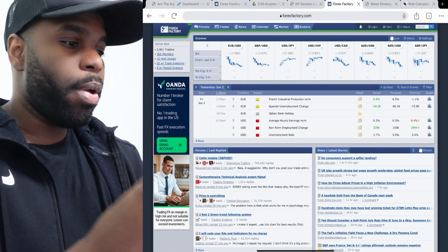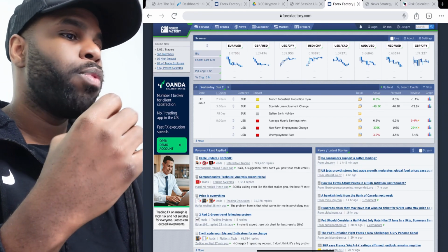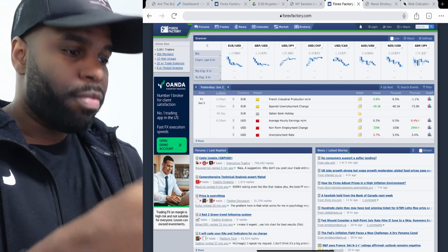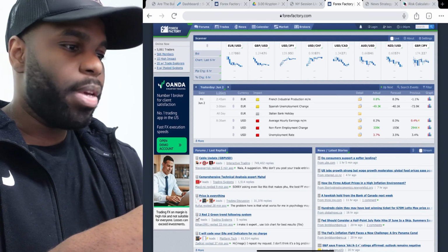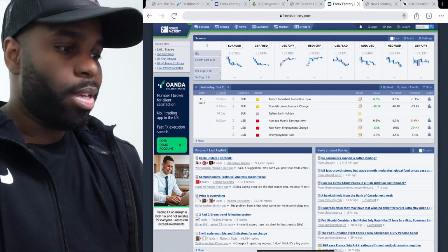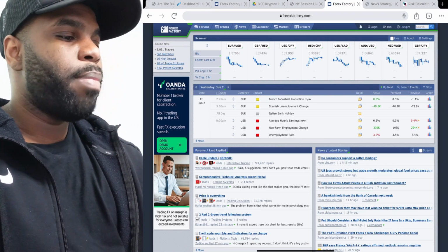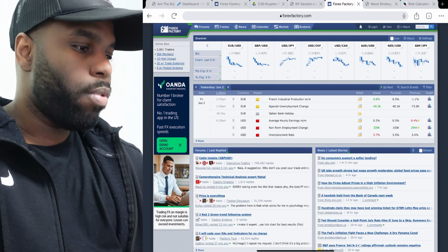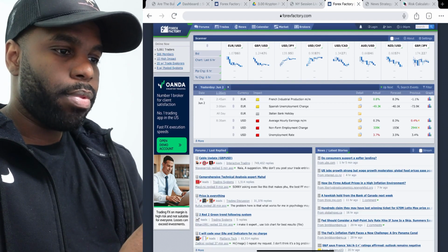It's bearish for metals. So you should already have the mindset that on Friday you should be selling gold or silver. You shouldn't be buying, because it's very, very risky to be buying against this. If the actual number is higher than the forecast, that means it's bearish for the metals. If this number was lower than the forecast, then it will be bullish for gold and silver. I hope you guys remember that.